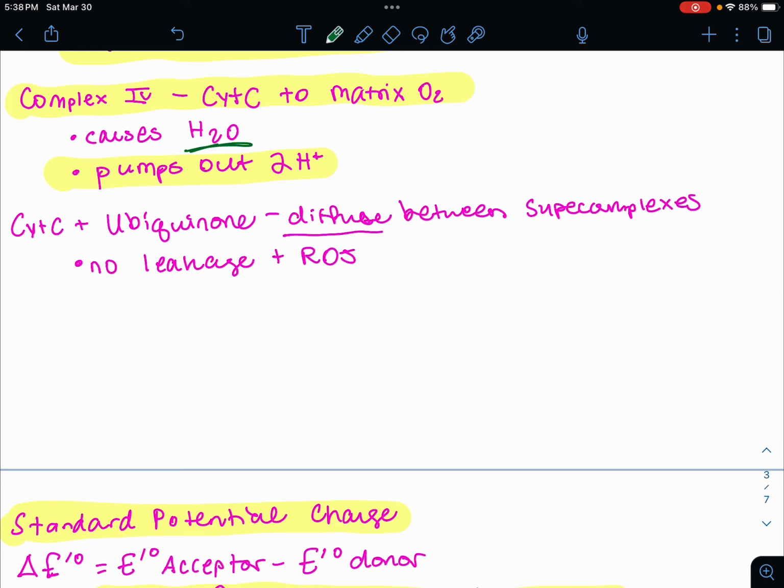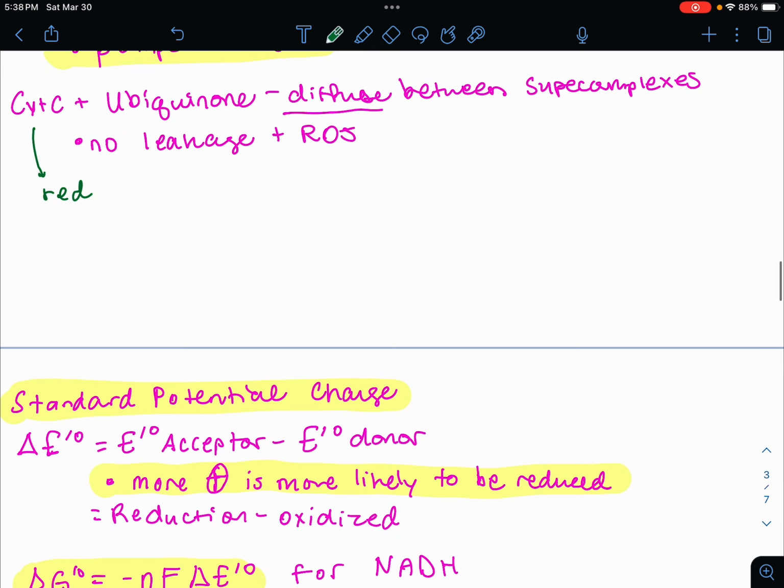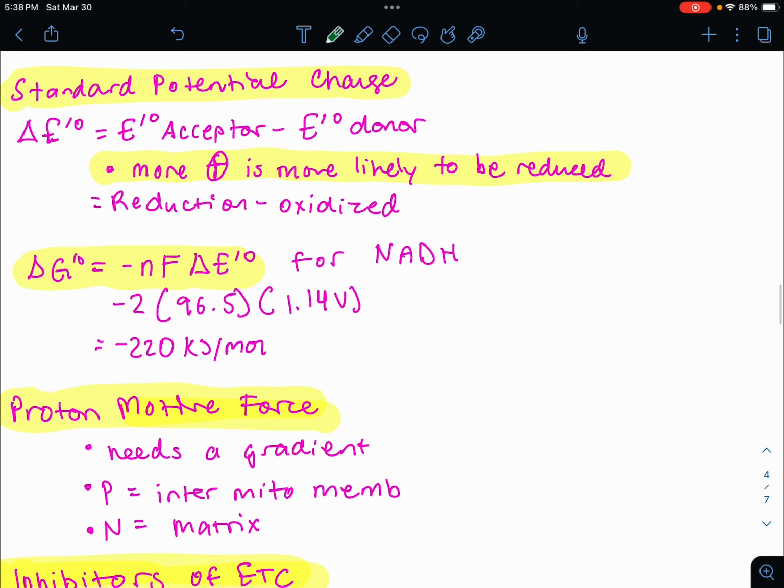This prevents any leakage or formation of reactive oxygen species. Something interesting here, cytochrome C also absorbs visible light. It becomes red.